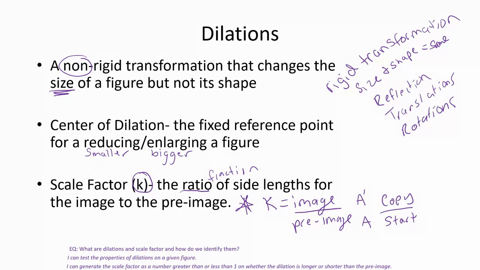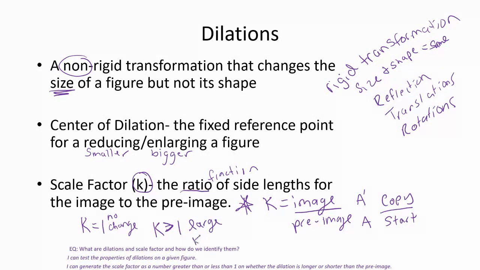And just so you know about the scale factor, hopefully you learned in your exploration, if your scale factor, your K, is 1, it's not going to change the shape. If the K is bigger than 1, let's use the greater than symbol, then it's going to be larger. It's going to blow it up.